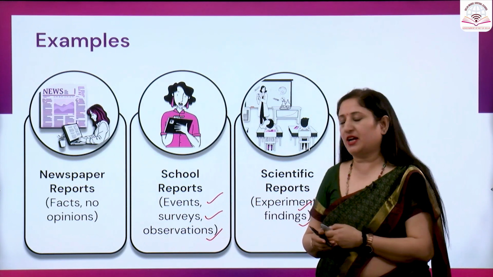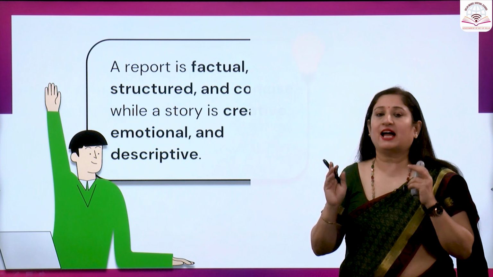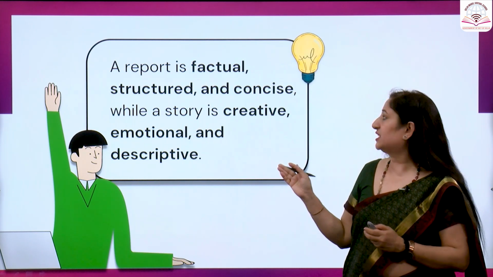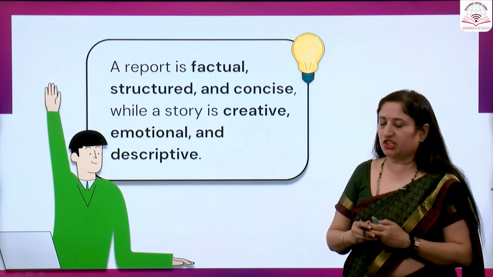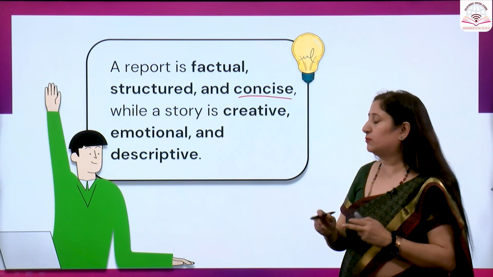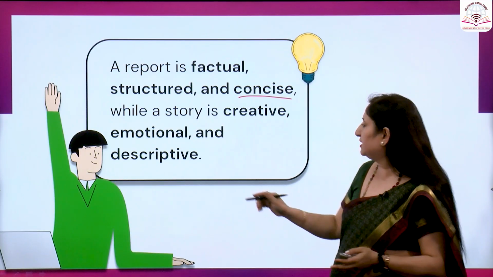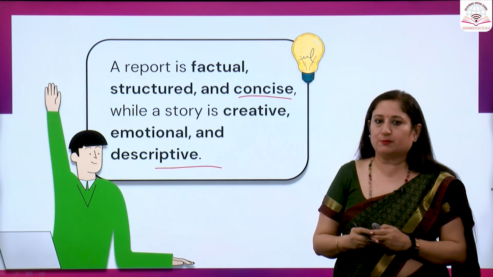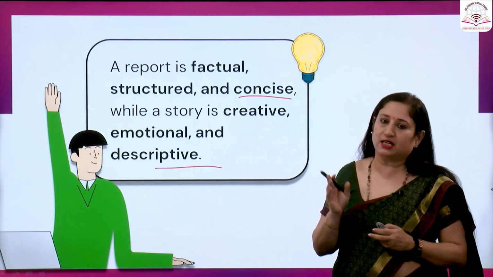Once again, a report is factual, structured and concise, while a story is more creative, emotional and descriptive. So we now know the difference between a report and a story.